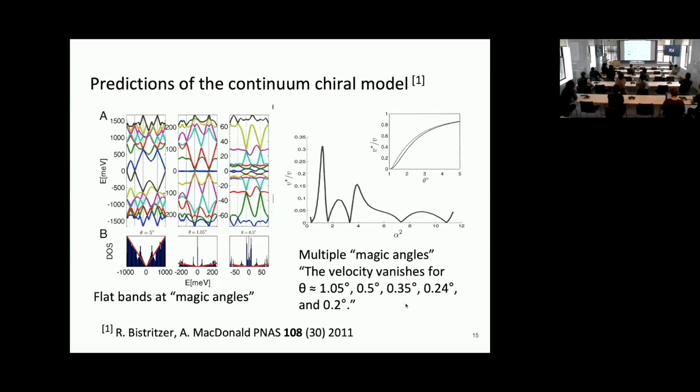This very first point where the velocity becomes zero corresponds to approximately 1.05 degrees of twist. But you see that there are several other so-called magic angles where the velocity vanishes, specifically 1.05, 0.5, 0.35, 0.24, and 0.2 degrees along this axis. So these are some of the predictions of this simplified model.